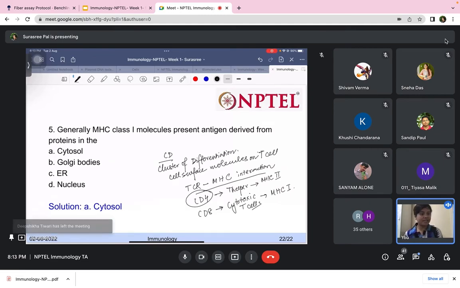This happens the first time the infection takes place, and the infection may continue for say 15 or 20 days.